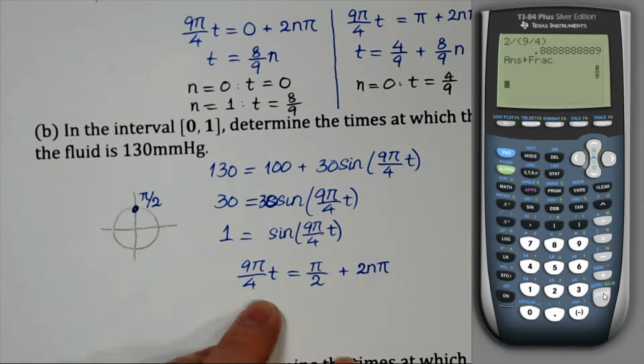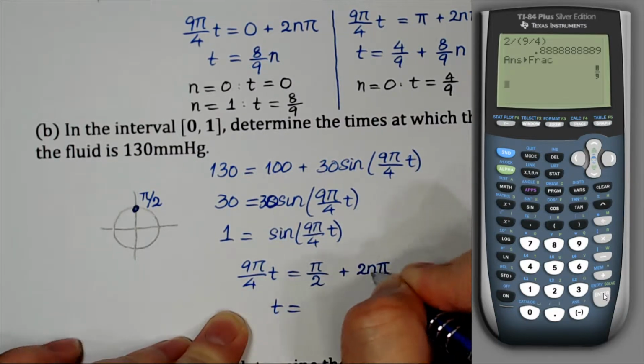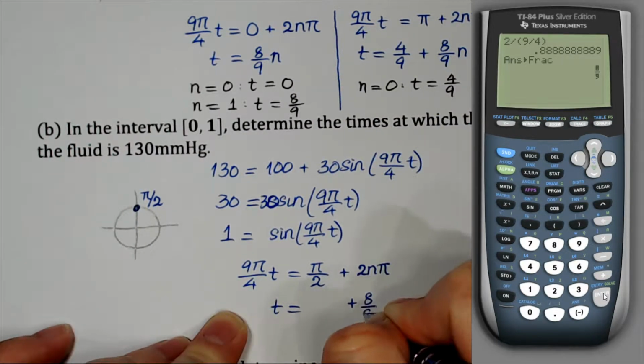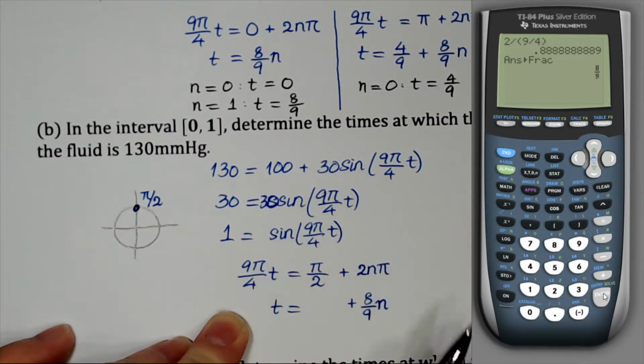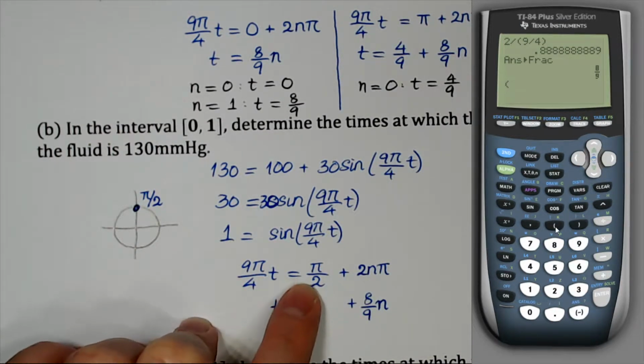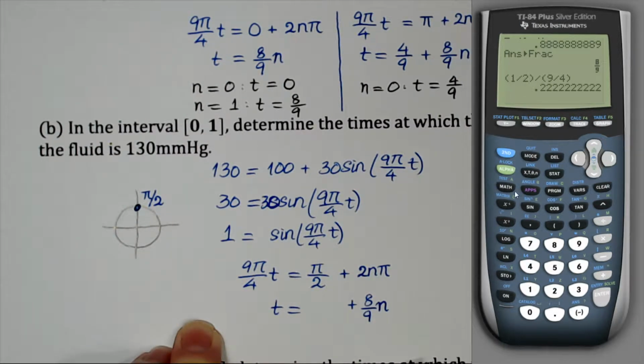Next, we divide by 9 pi over 4 on both sides. This we know is going to be 8 over 9 n. And pi over 2 divided by 9 over 4, so we just use a fraction of 1 half divided by 9 over 4, and we have 2 over 9.